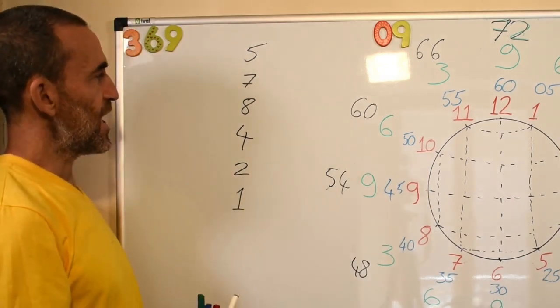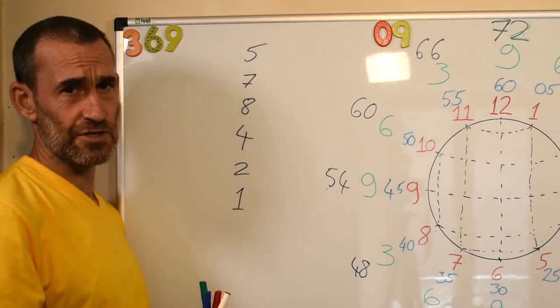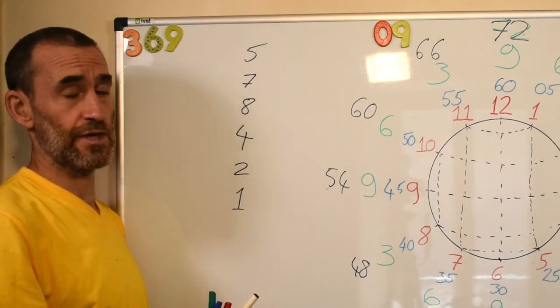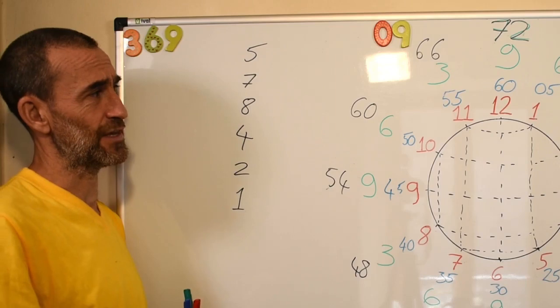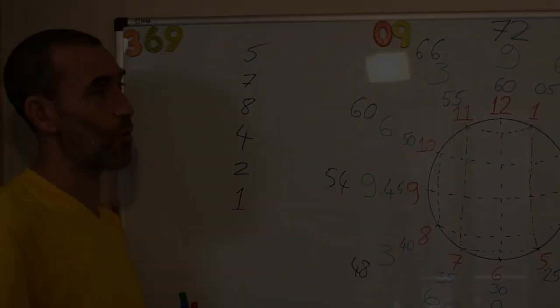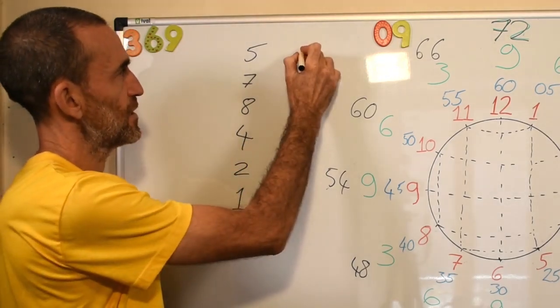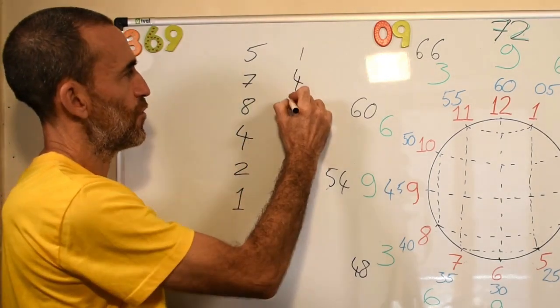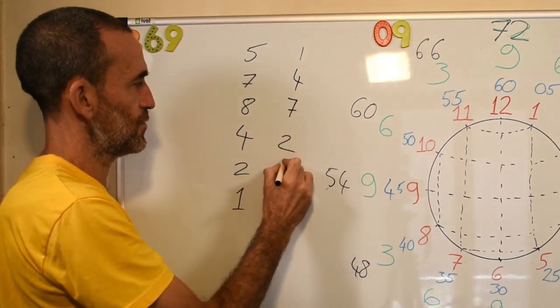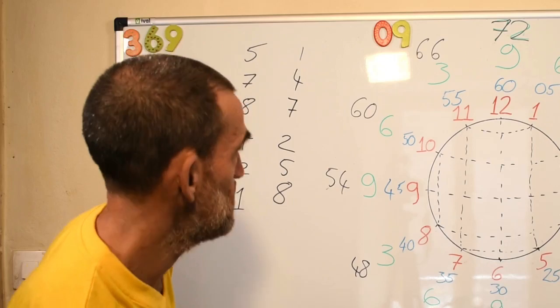So they're the six numbers that are created through the division of the 2 into the 1. But this gives us the two number groups of the 1, 4, 7 and the 2, 5, 8.